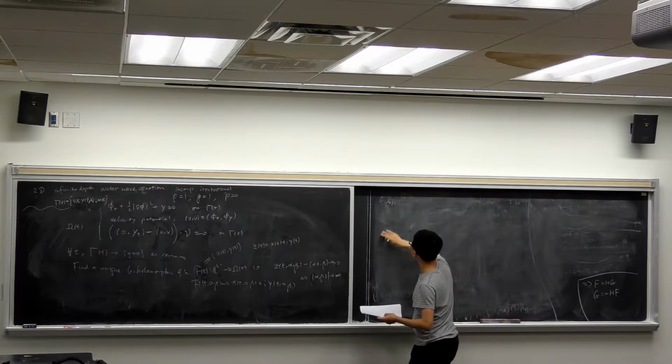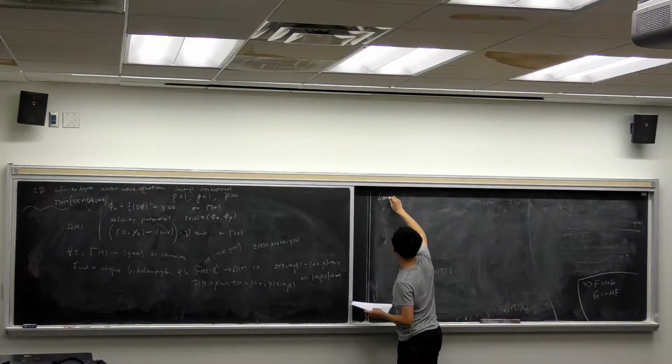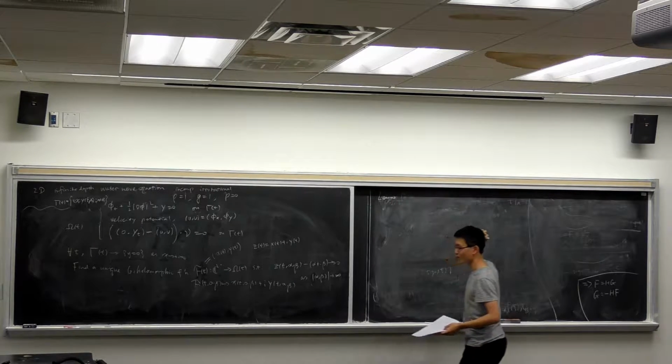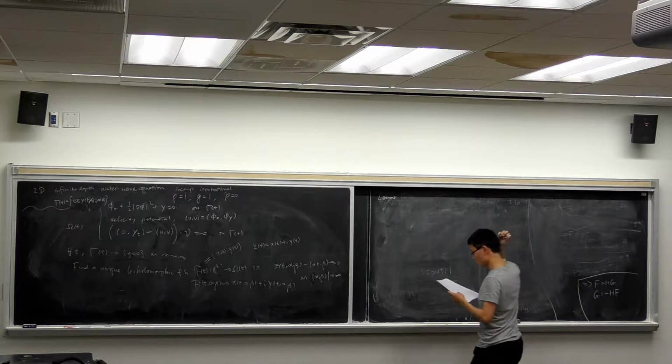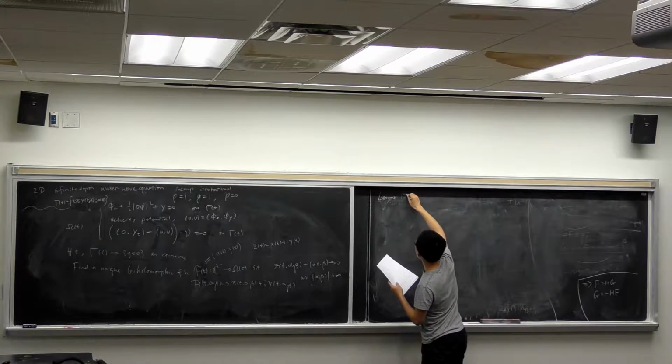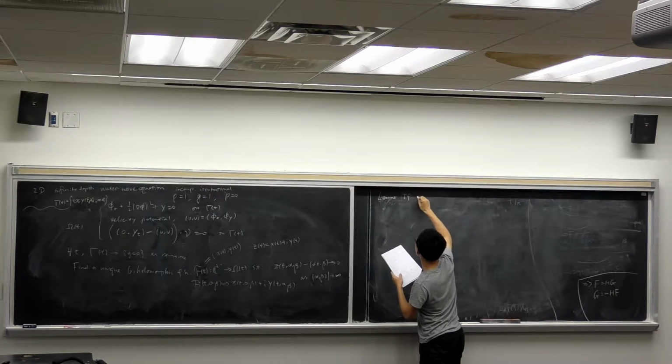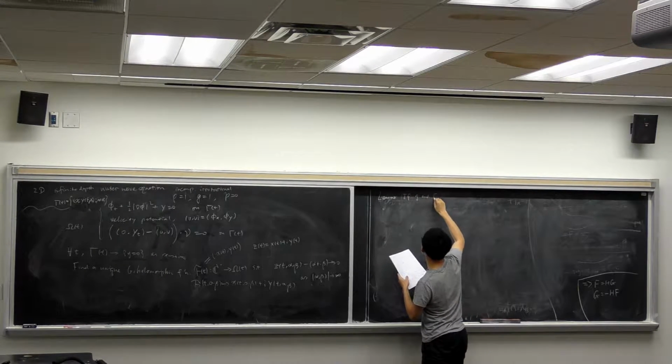Okay, so there's a lemma which is very useful when computing this kind of spatial change of variable. It says we have two functions, g and f.